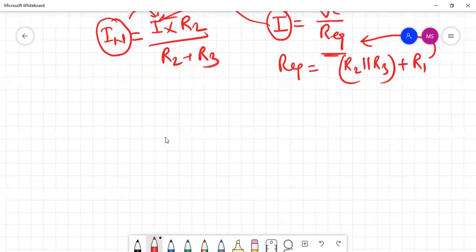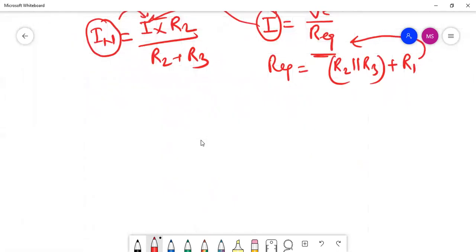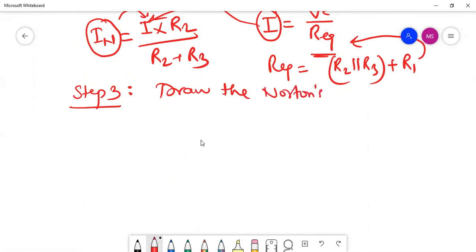Now step 3. So step 3 is draw the Norton's equivalent. So Norton's equivalent for any circuit, whether it is complex or simple, the Norton's equivalent is same for every circuit.